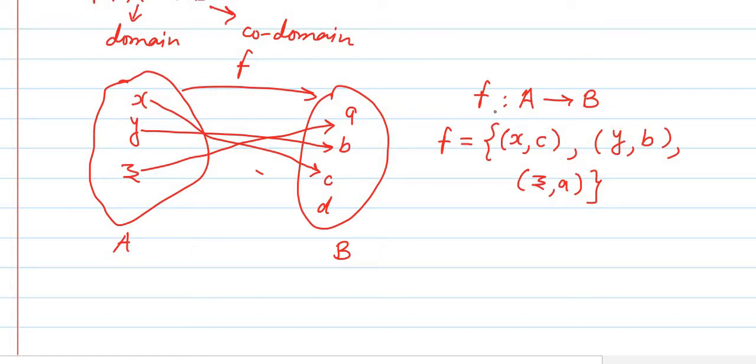So therefore F is a mapping from set A to set B. Now here we observe that the element x of set A has its image c in the set B. So in this case we have f(x) equal to c, and we say that c is the image of x under the function f, or the value of the function f at x is c. Both are equivalent things.